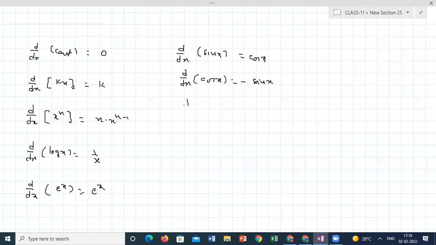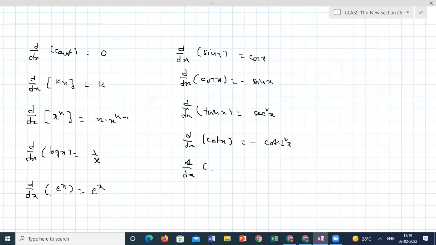This also we saw the proof. d by dx of tan x is equal to secant square x. d by dx of cot x is equal to minus cosecant square x. d by dx of cosecant x is equal to minus cosecant x into cot x. And d by dx of secant x is equal to secant x into tan x.